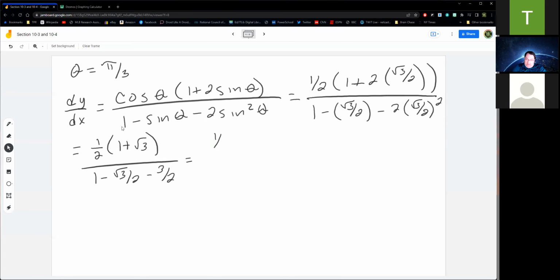One plus square root of 3 over 2, over 2 minus square root of 3 minus 3. Oh, actually, I can put those together. This is negative 1/2. Negative 1 minus square root of 3 over 2.